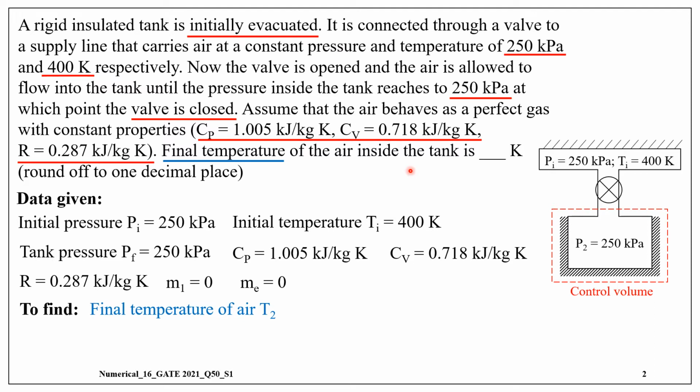If you take a close look at this problem, there are two things. One is a supply line. So this is the supply line. And the condition of the supply line is denoted by suffix I. Say, for example, I is the initial condition.